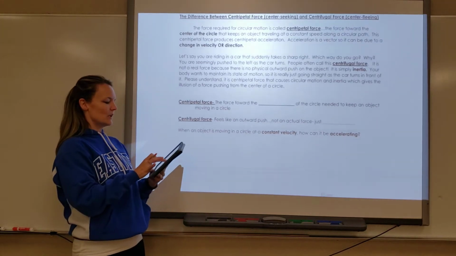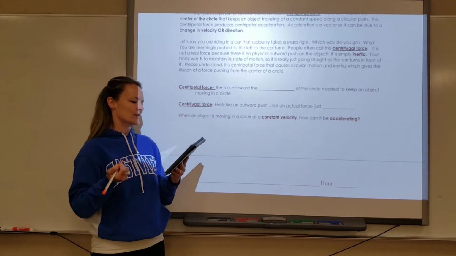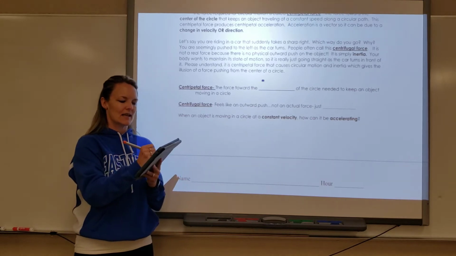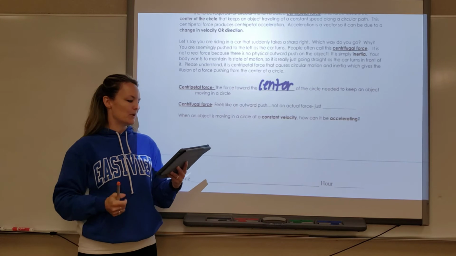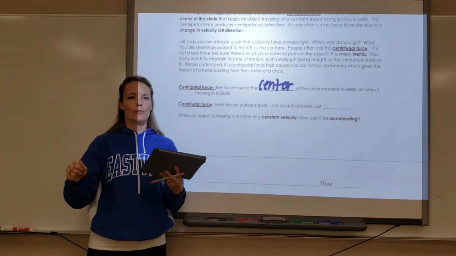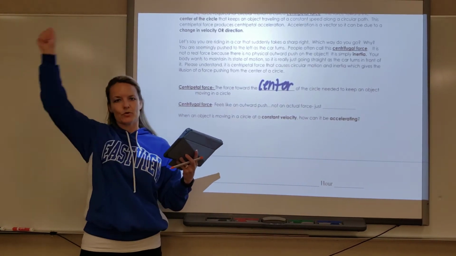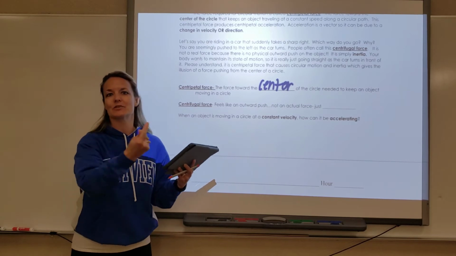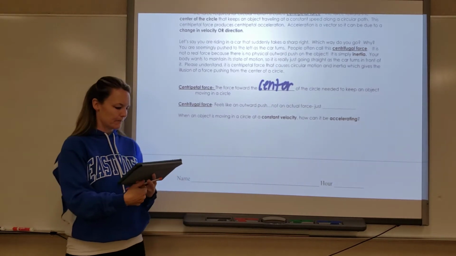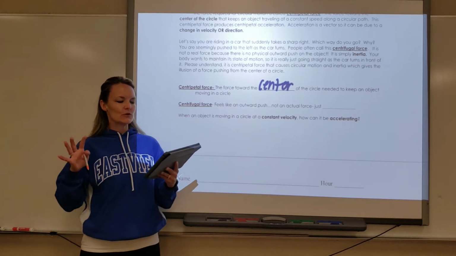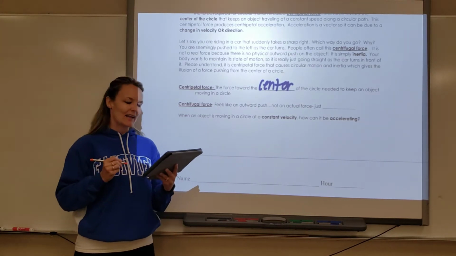So the difference between the two: centripetal force is the force towards the center of the circle. It's needed to keep an object moving in a circle. For my bucket, it was the handle I was holding on to. For the planets around the sun, it's gravity pulling inward towards the sun. Centrifugal force feels like an outward push, but it's not an actual force.